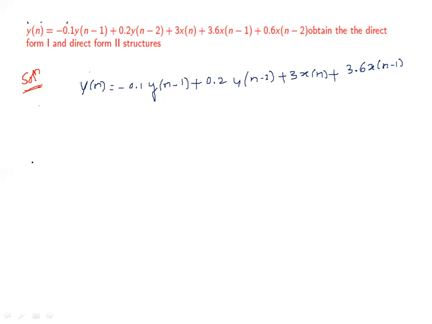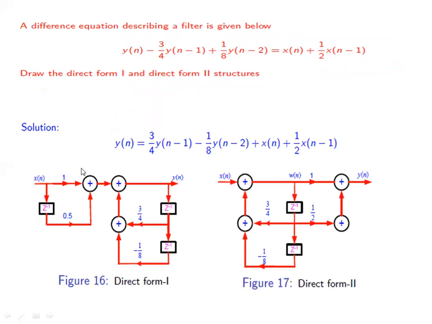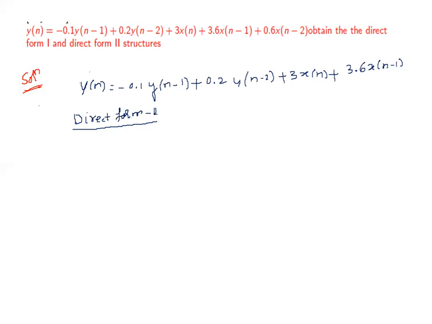First, for direct form 1 implementation, we have the structures as we have already solved this example. So based on this, we'll solve this.